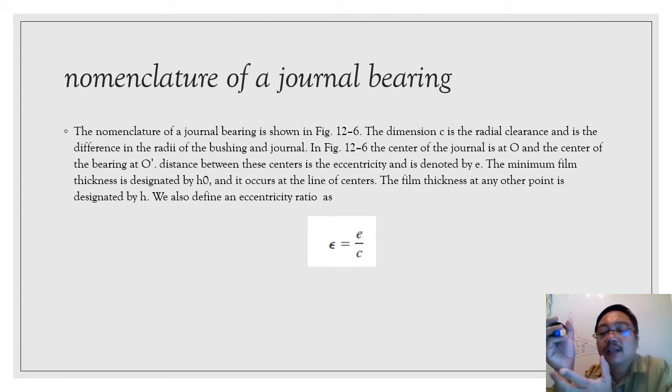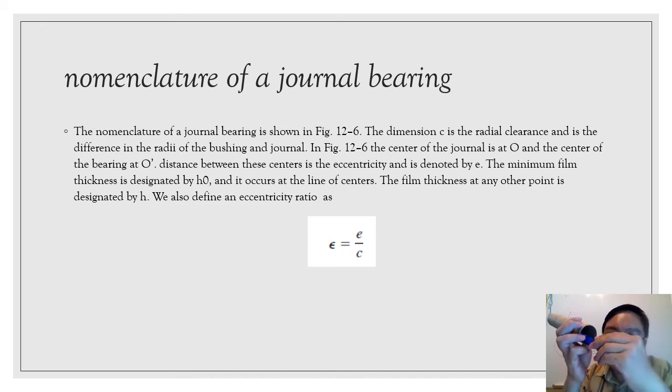Of course, to make an equation, we assume like that. It is easy like that. In reality, with or without lubrication, the weight of the journal itself will make the journal go down, and then the center location is not the same.